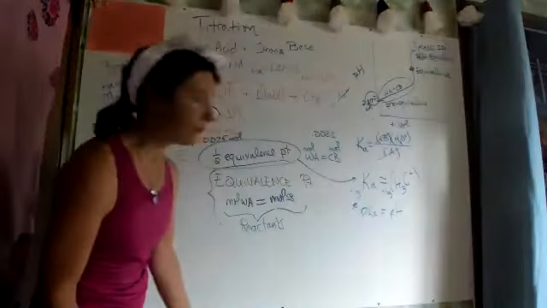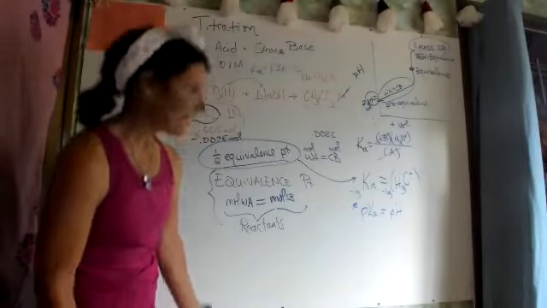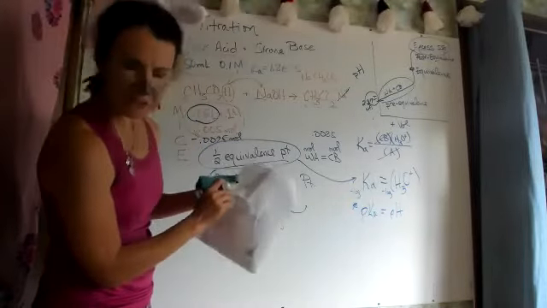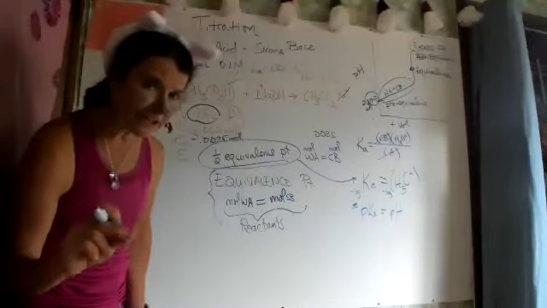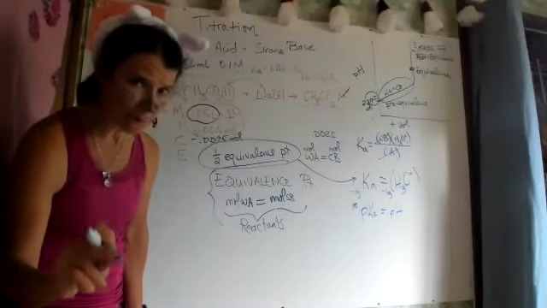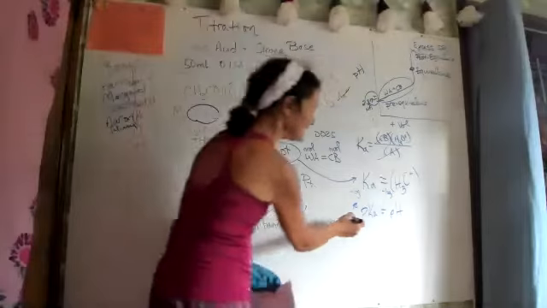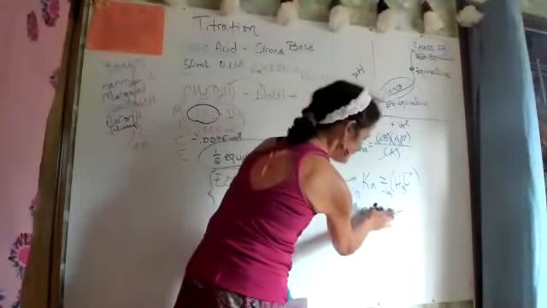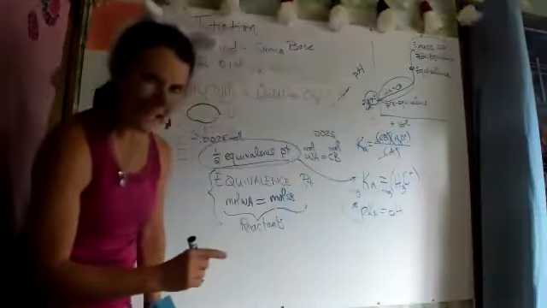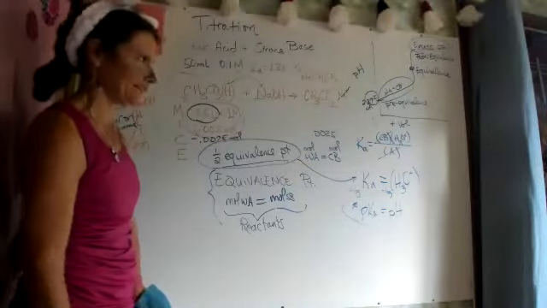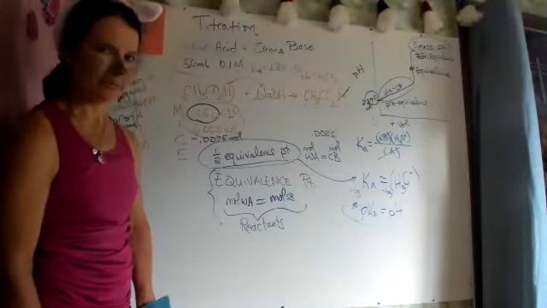It means we don't need to do an ICE chart. I should have given you more room here because you're writing notes, but you're not going to ever get much space for the half equivalence because this is all it is. That's a p. The pKa equals the pH. They are the same.